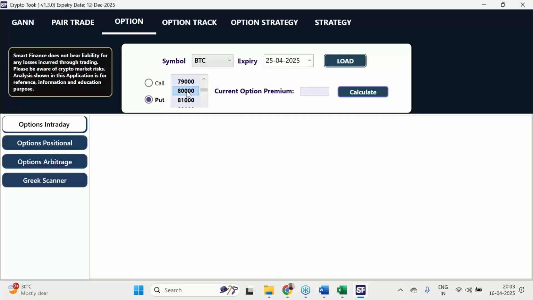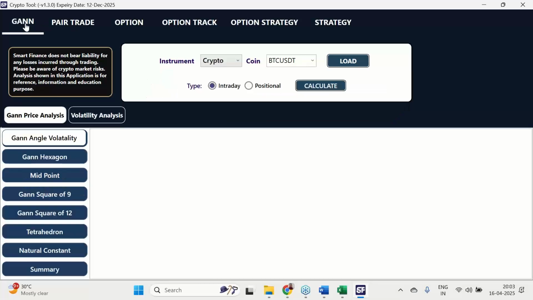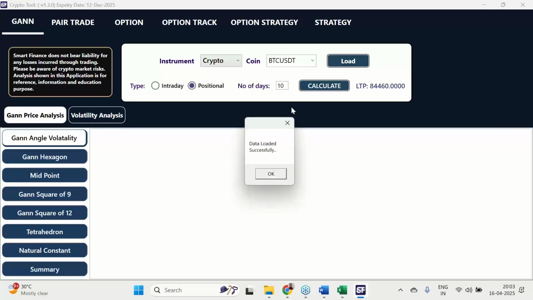software here. Once I go to the software, say I am taking the Gann study here. I am going for a positional, for a 10 days period. I am loading the Bitcoin data.